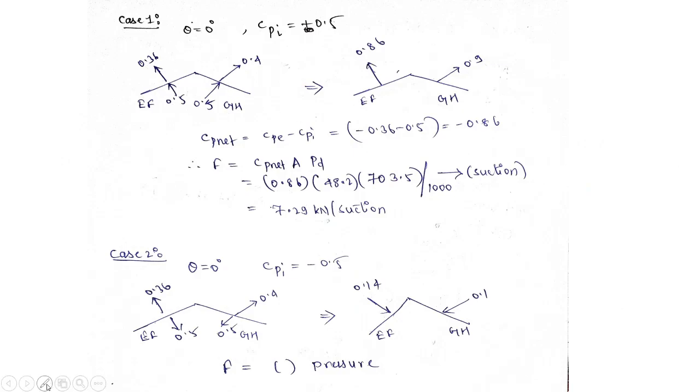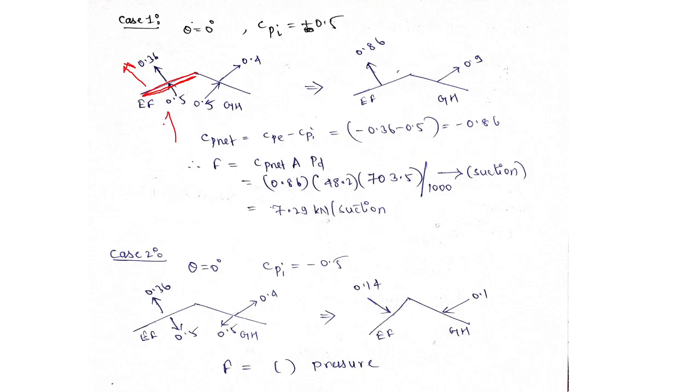What are those? At theta equal to 0 degrees, and CPI is plus 0.5. From the table we have CPE, the external, as minus 0.36. So it's suction, away from the surface. Similarly 0.4, it was minus. We'll not write plus or minus here, we'll just show it by arrows with the direction. 0.5 is positive, but it is for the inner surface, acting towards the surface, so it should be in this direction.